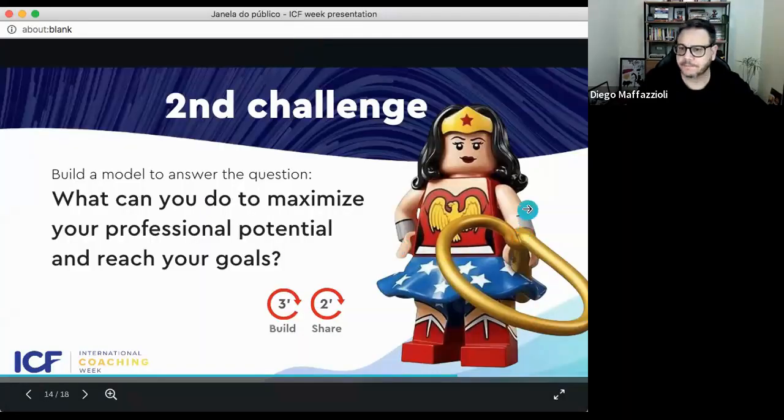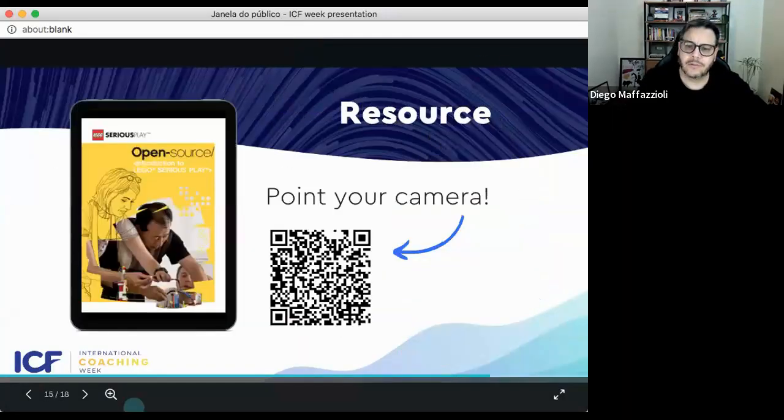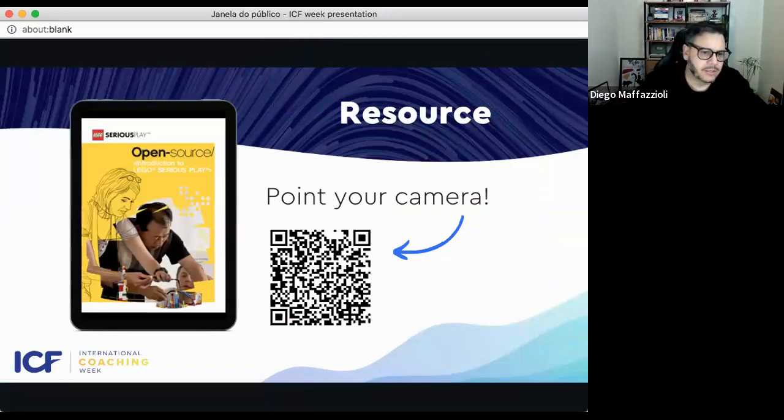Okay, now I will share my screen with a QR code. This is an ebook in PDF that you can download to know more about the Lego Serious Play method. Remember, this is a Lego touchpoint.